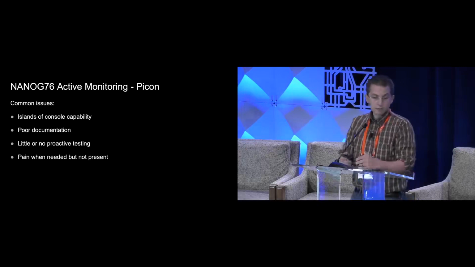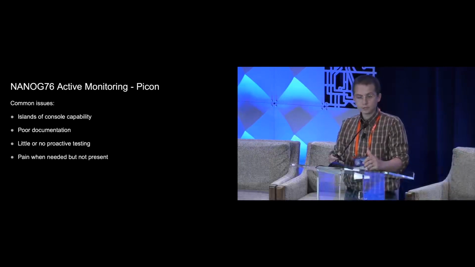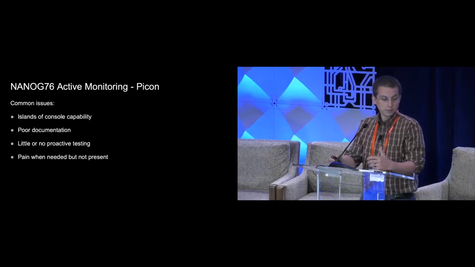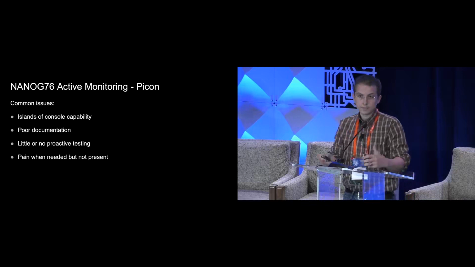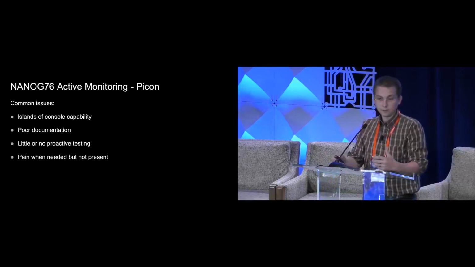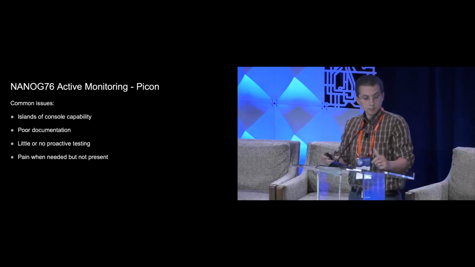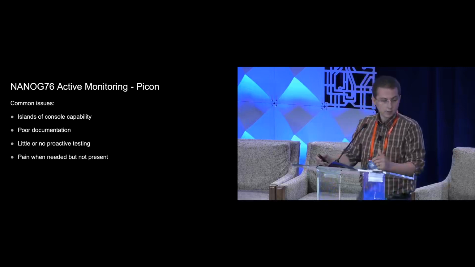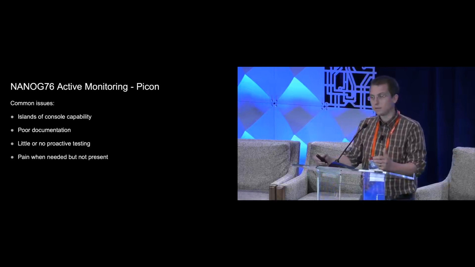Some common issues that I think we've all experienced with managing console infrastructure, especially across multiple locations, console vendors, and capability of local personnel, are the islands of different devices that perform different functions or service different devices, poor documentation of what devices are connected to what console, especially when you need it most, little or no proactive testing of what devices are available and working correctly on console, and the pain that comes when you need the console, but you can't find it, you don't know if it's hooked up or if it's working correctly.